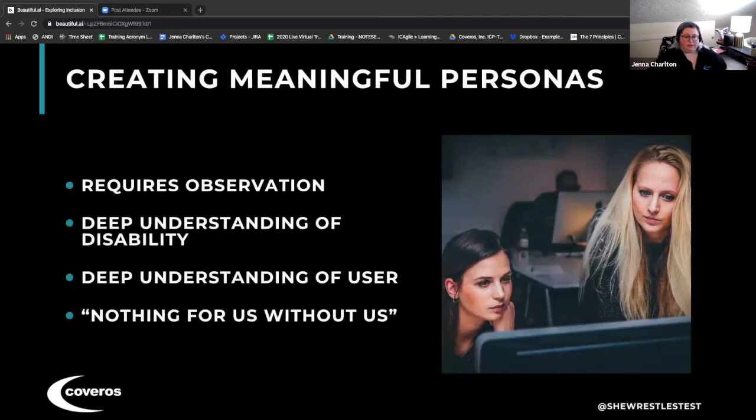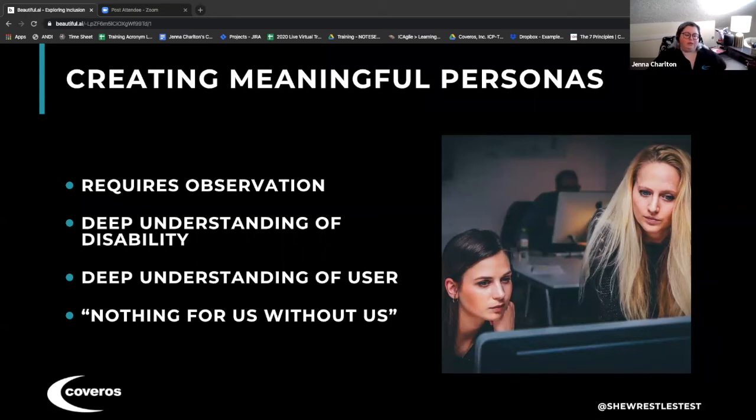So creating meaningful personas, because I've seen a lot of personas out there that aren't meaningful. They're too general. They don't actually get to the heart of what our user needs in our application. Or they're so general that they're meant for everybody to be able to go out and use them. But because your application is unique, as every application is, it doesn't actually get to the heart of what you need to be testing.